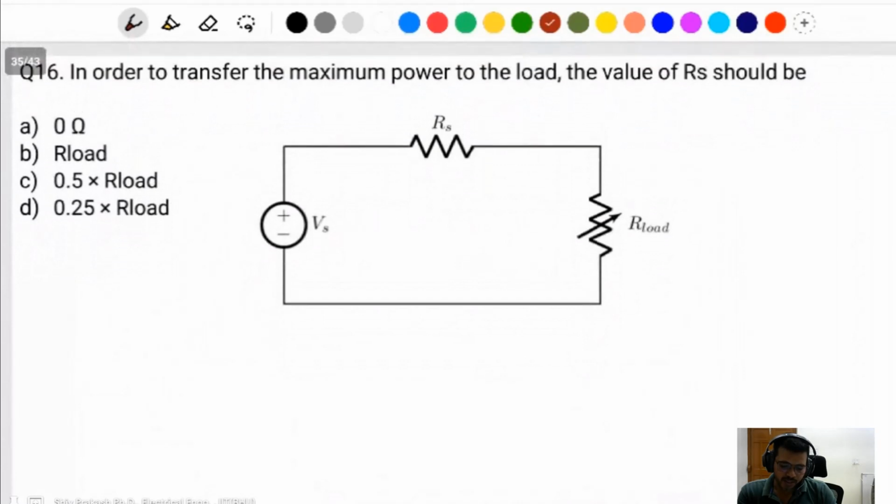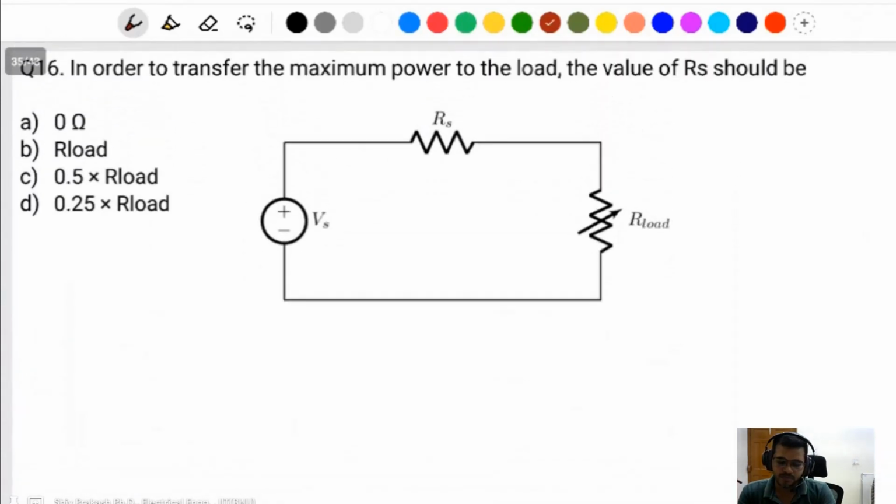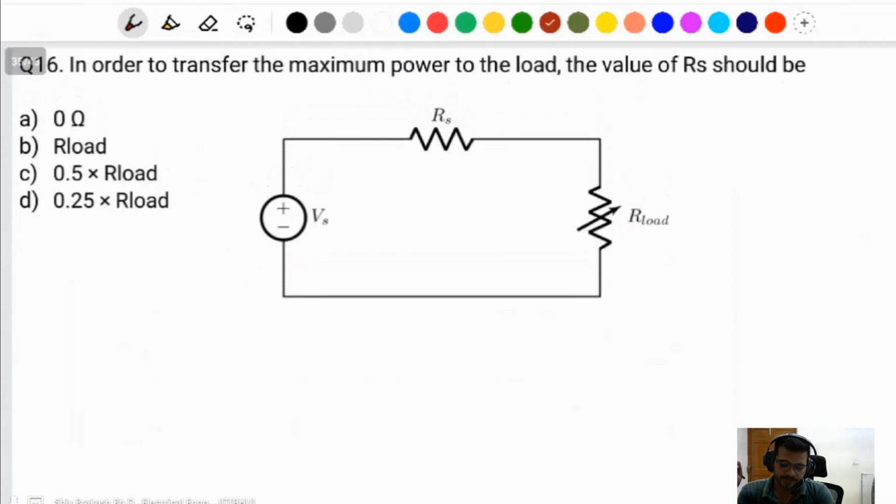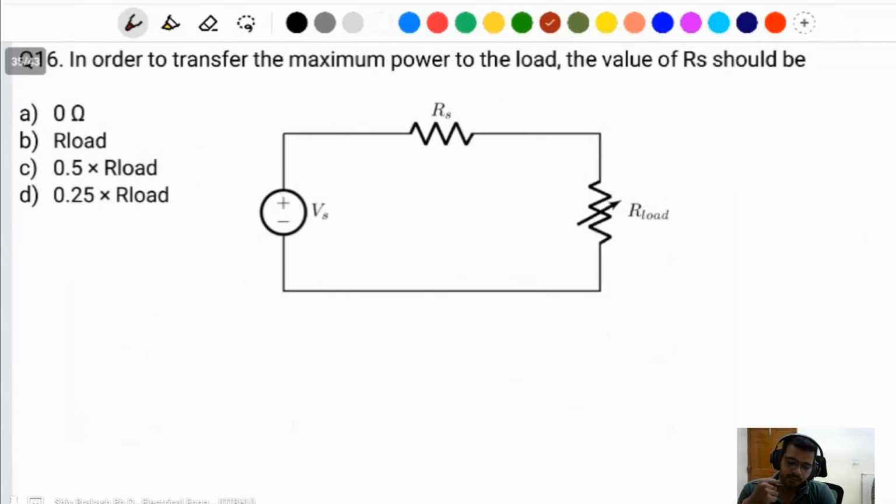Next question: in order to transfer the maximum power to the load, the value of Rs should be. Anyone can guess this one? For the maximum power, what value of Rs?